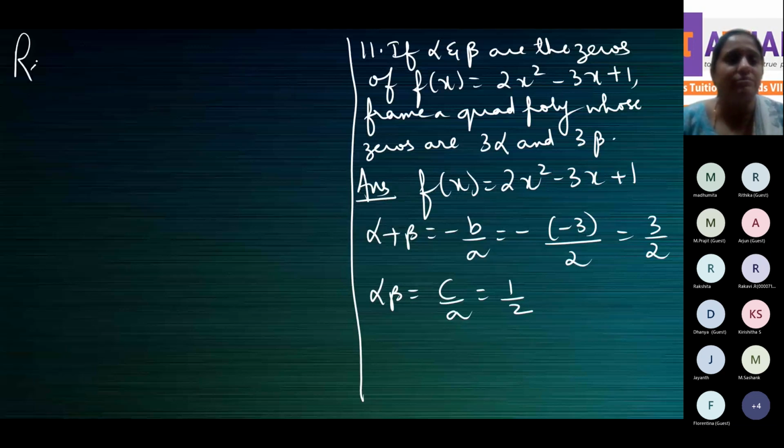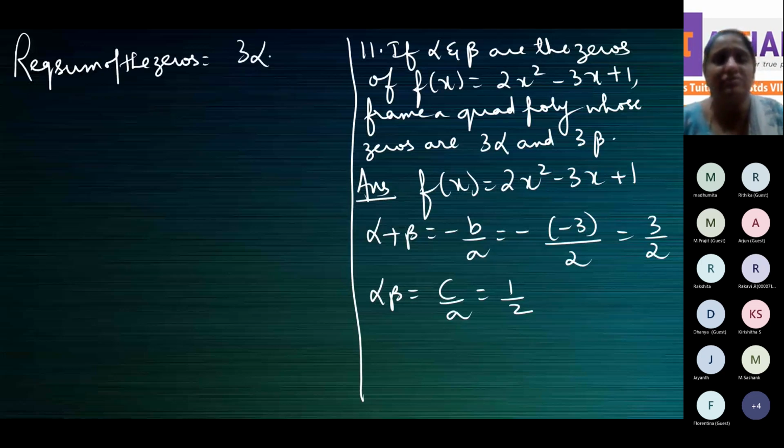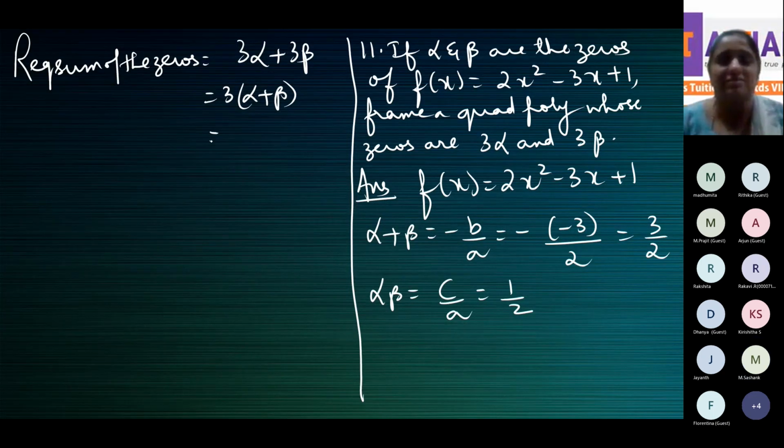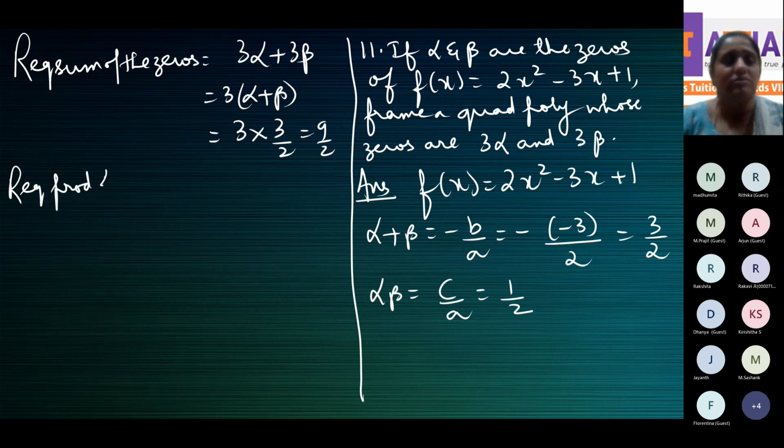The required sum of the zeros is equal to 3 alpha plus 3 beta. That is 3 into alpha plus beta. Correct. So 3 into 3 by 2, which is 9 by 2. Then required product of the zeros. The zeros are 3 alpha and 3 beta.